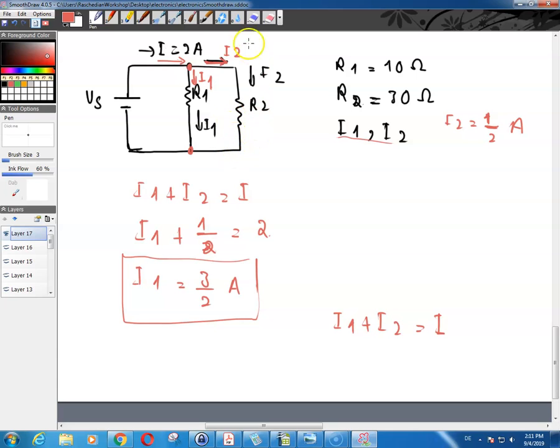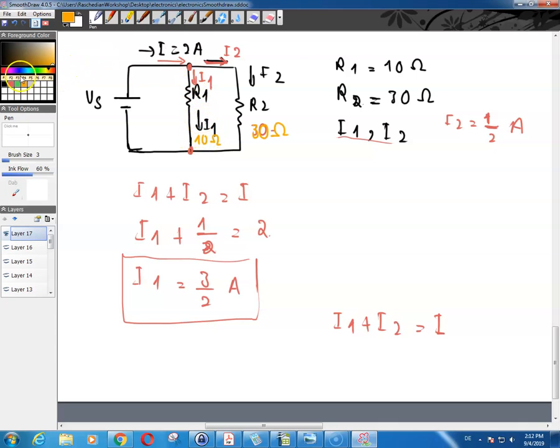The value of this resistor is 10 ohm, and the value of this resistor is 30 ohm.